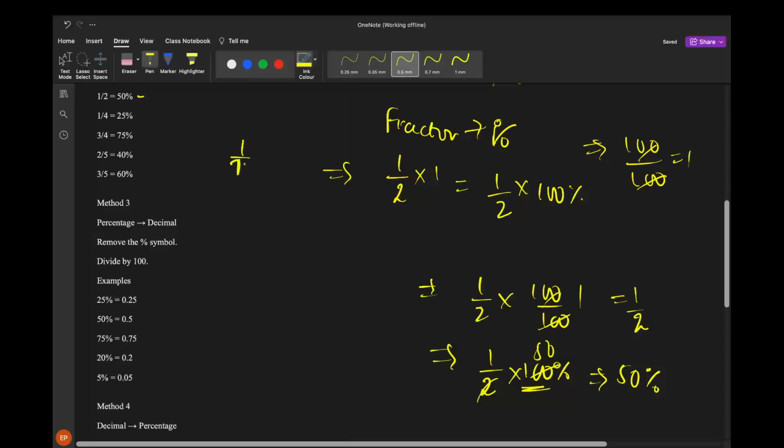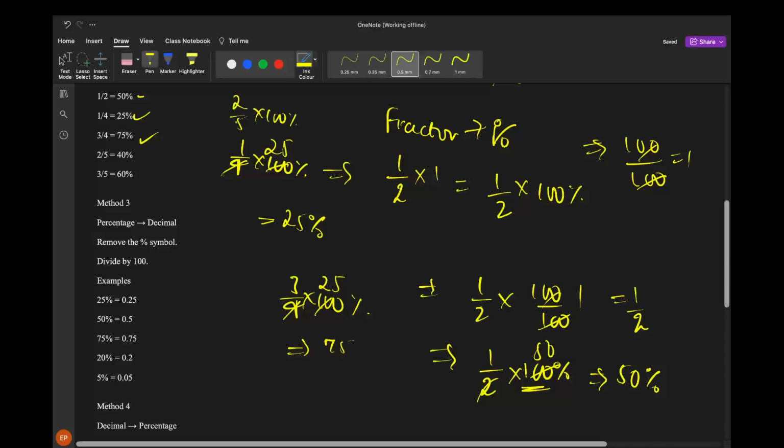1 by 4, 1 by 4 into 100%. 4 ones are 4, 25 fours are 100, means 25%. Like that, 3 by 4 means 75%. 3 by 4 into 100%. 4 ones are 4, 25 fours are 100, 25 threes are 75, which gives 75%. 2 by 5 means 2 by 5 into 100%. 5 ones are 5, 20 fives are 100, 20 twos are 40%. 3 by 5 means 60%.